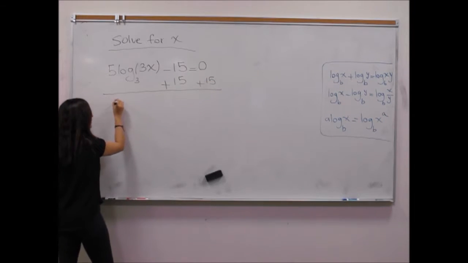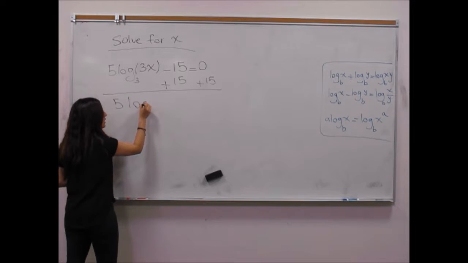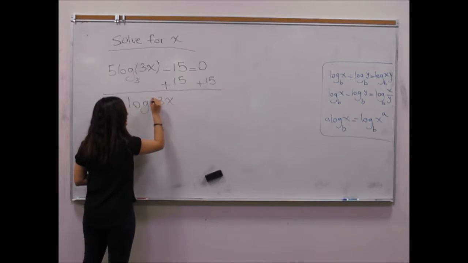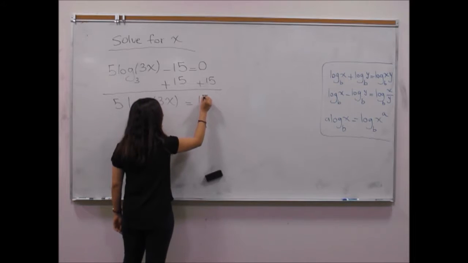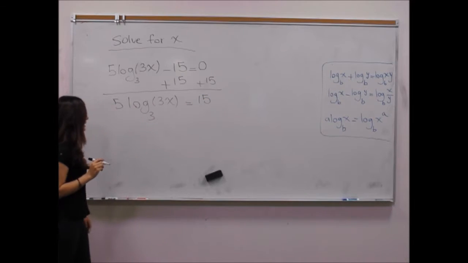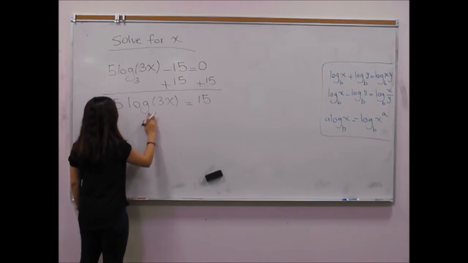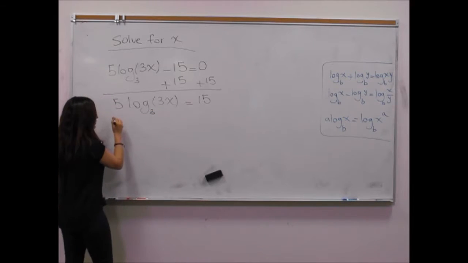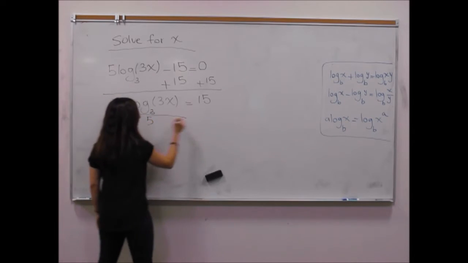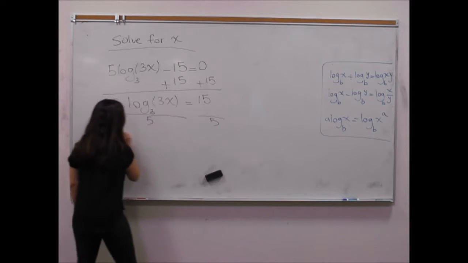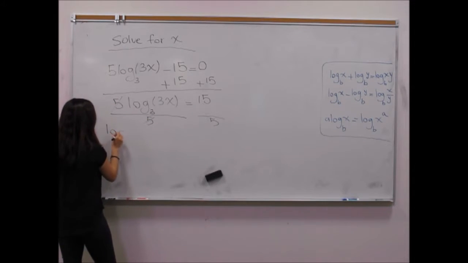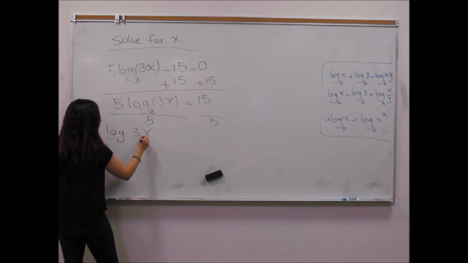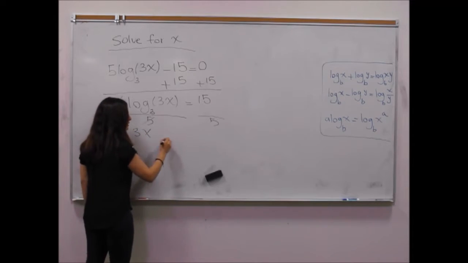I'm going to get 5 log of 3x base 3 equal 15. And then I'm going to divide both sides by 5, the coefficient here. Divide by 5, divide by 5. These two would cancel each other. I would get log of 3x base 3 equals 15 divided by 5, which is 3.